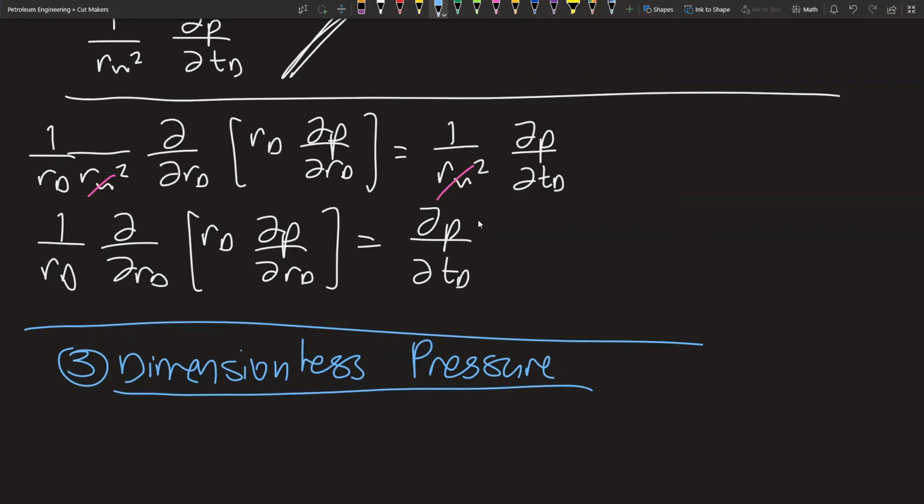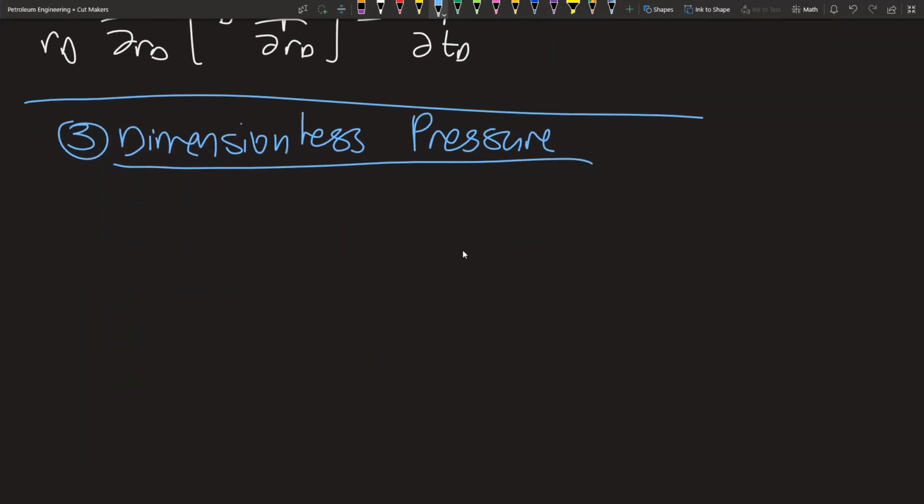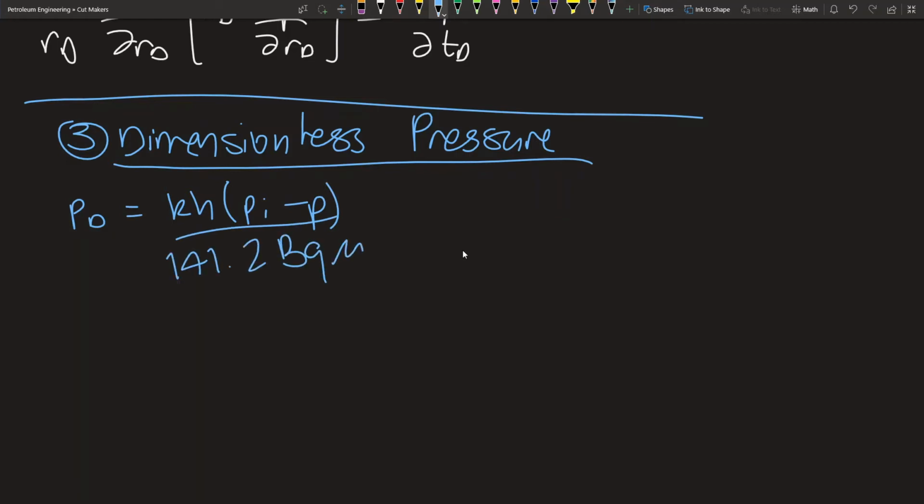So recall the definition of dimensionless pressure. P sub d is equal to kh (P sub i minus P) over 141.2 B Q mu. And we can rewrite this in terms of pressure, which will give us, alright, let's see if I can do this in my head.